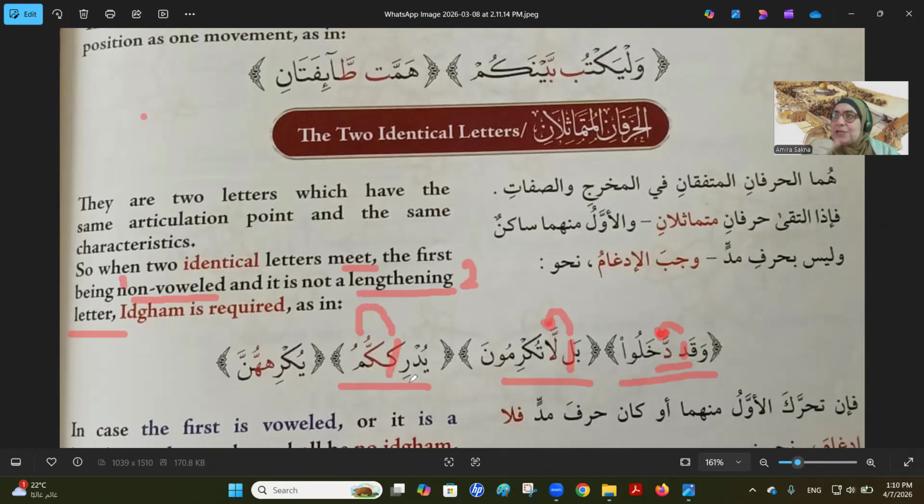They merge, they drop, they do this and that to make the pronunciation easier for the speaker and not heavy for the audience. So يدرككم, no, it's difficult. Try it. Try to apply hams for the first kaf. It's heavy. So to make it easier, this is natural.